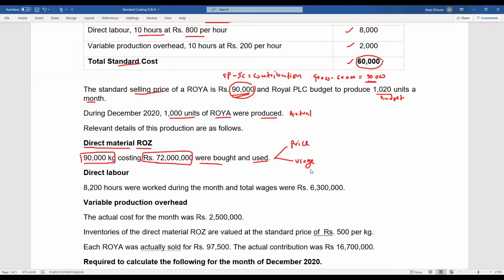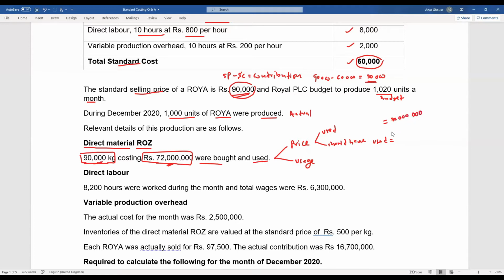As far as the price is concerned, we need to compare how much was paid with how much should have been paid. For this 90,000 kg the company has paid 72 million.